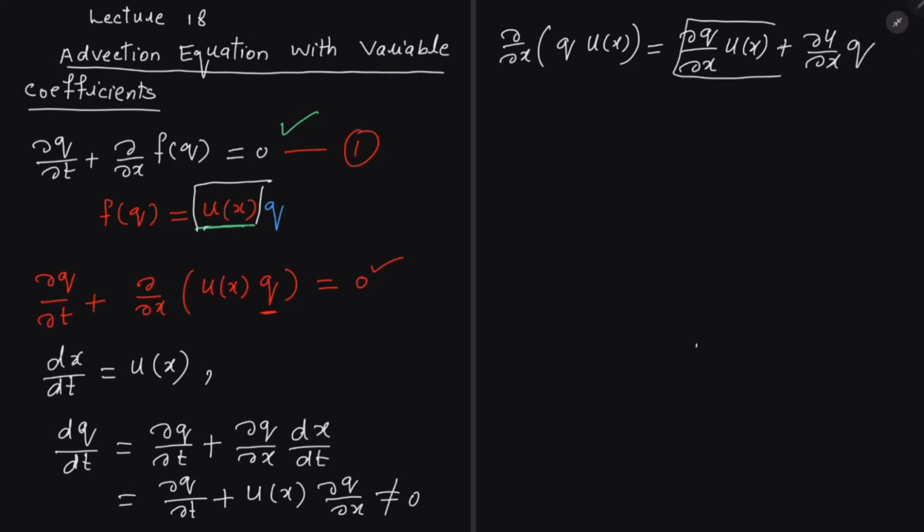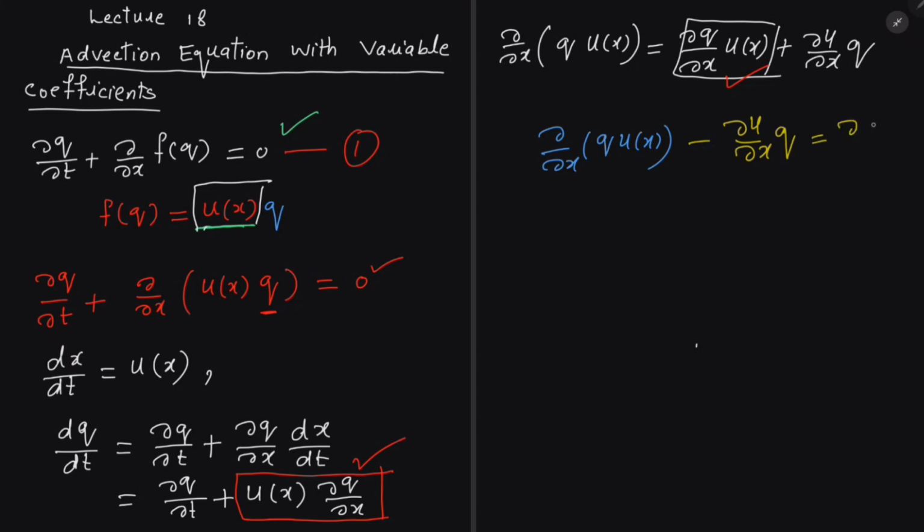So we take this quantity and rearrange: partial by partial x of q u of x is equal to partial q by partial x times u of x, plus q partial u by partial x.